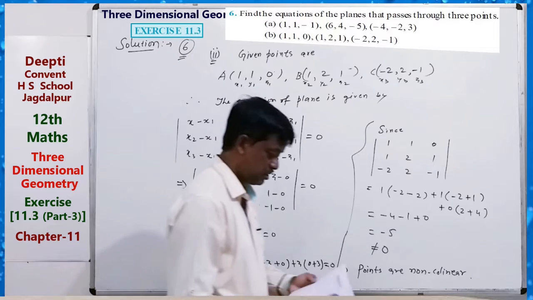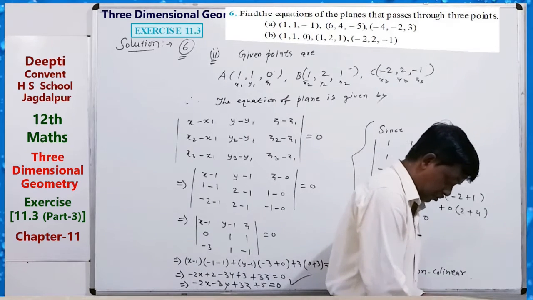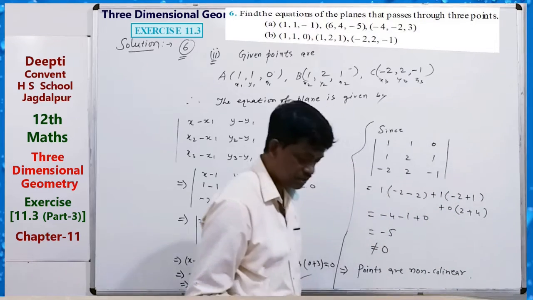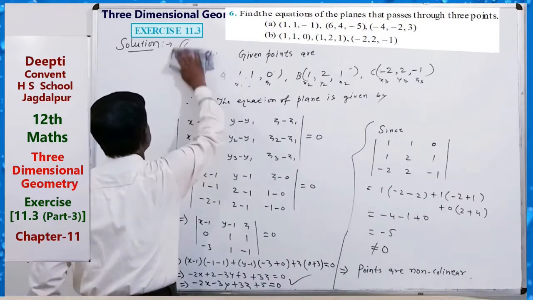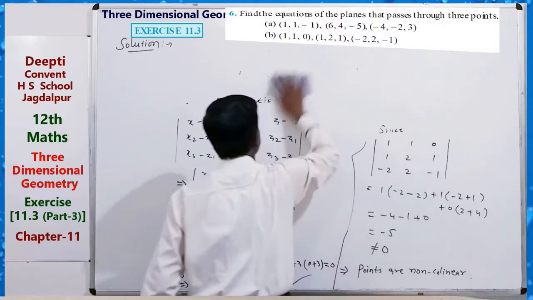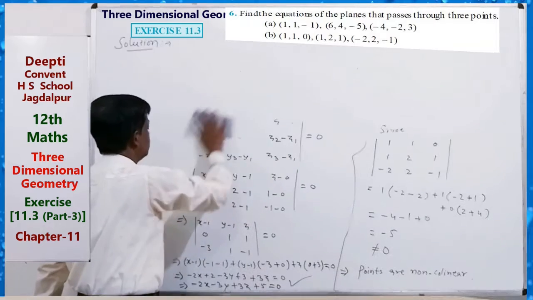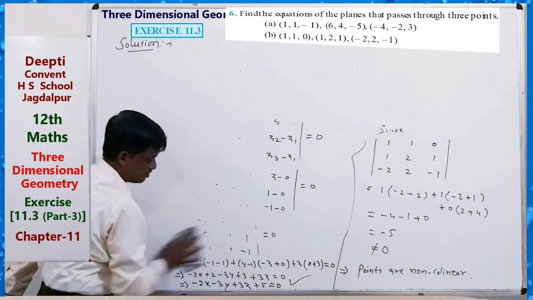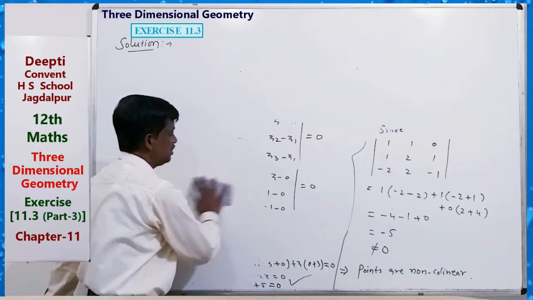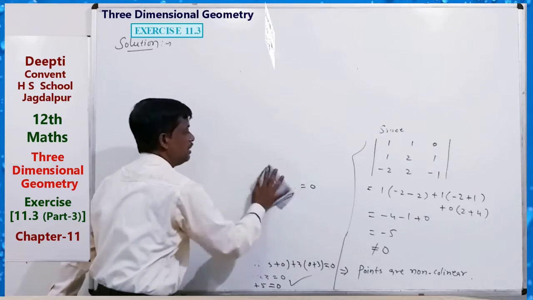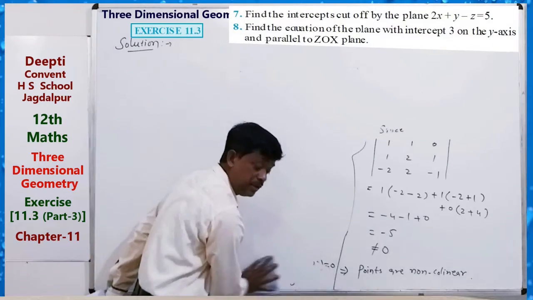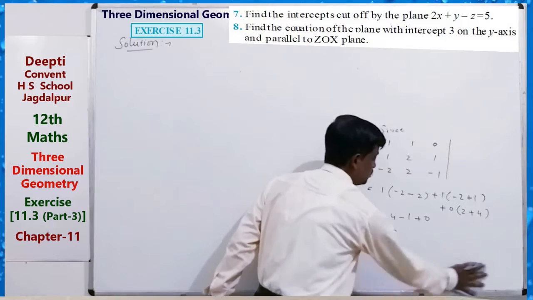Okay, this is question 6. Now question 7, find the intercepts cut off by the plane. Intercept form: whenever a plane intersects the x-axis, y-axis and z-axis at small a, b, c, then we can write the intercept form of the plane as x by a plus y by b plus z by c equals to 1.